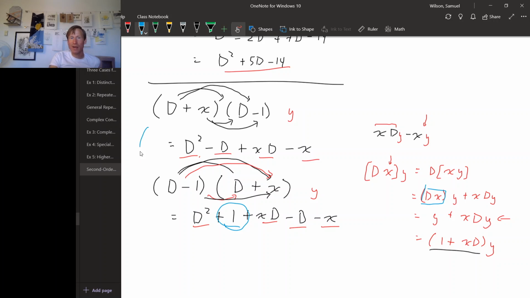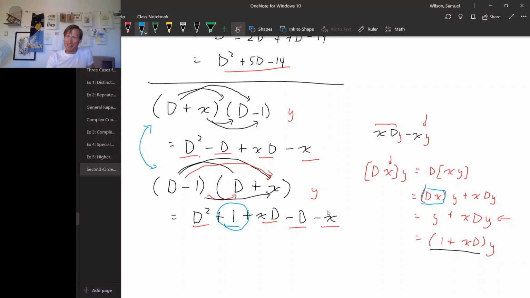So these two orders of applying these linear differential operators do not give us the same thing. So what we'll see is second order differential equations that do not have constant coefficients, you can't reduce them to first order equations like we did with constant coefficient differential equations.